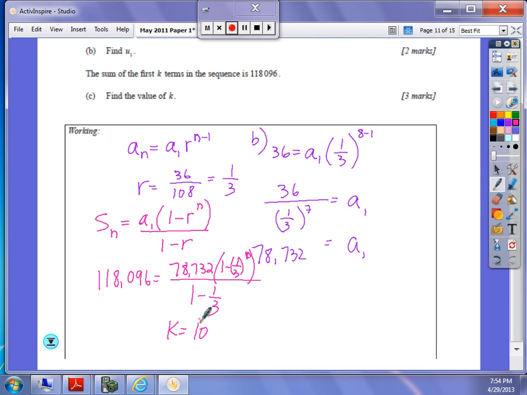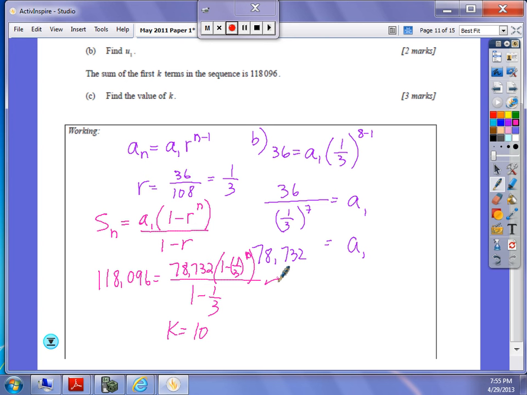Now, I'm looking at the answer key here, and they're telling me that there are a couple different ways I can do this. I could graph the right-hand side and the left-hand side of this equation and find where they intersect.